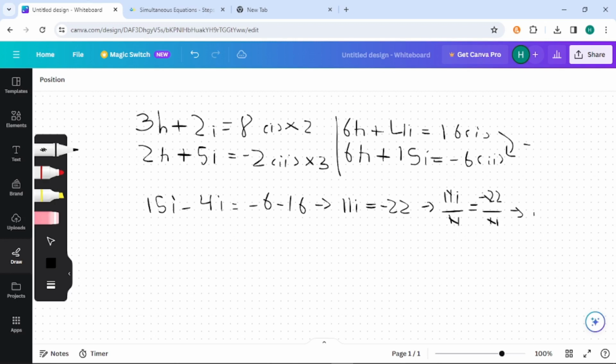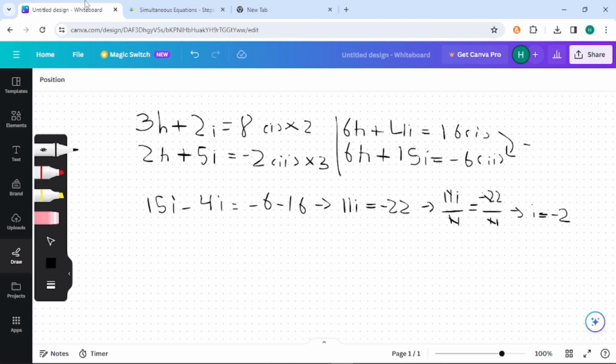So now I can finally conclude that i is equal to -2. Now that we know that i equals -2, how are we meant to find the value of h?